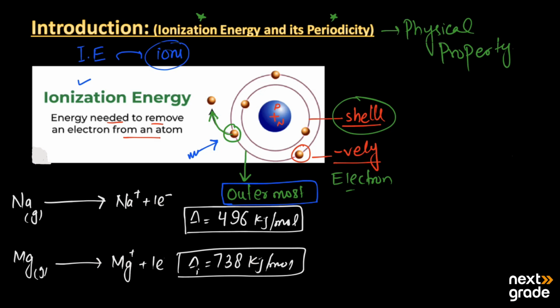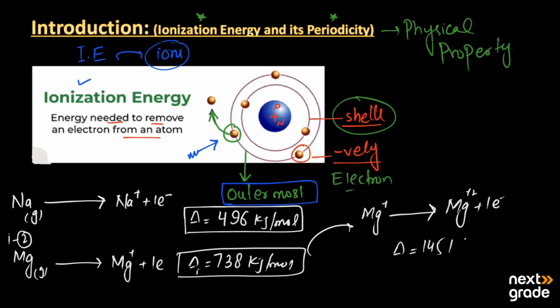Because magnesium belongs to group 2A, it has two electrons in the valence shell. So for its second ionization energy, it is already in the state of an ion, and if we want to remove the second electron, the amount of energy absorbed is 1451 kilojoule per mole.